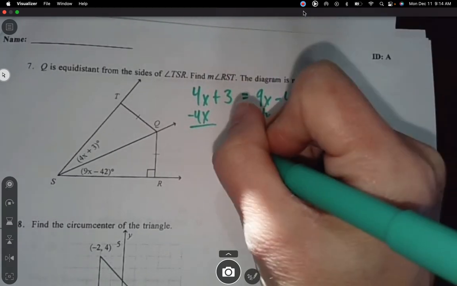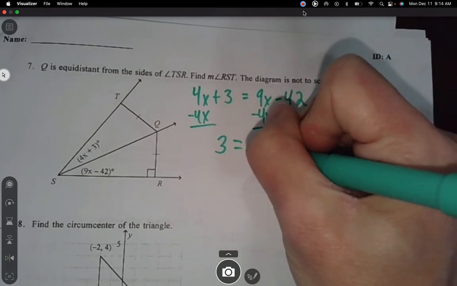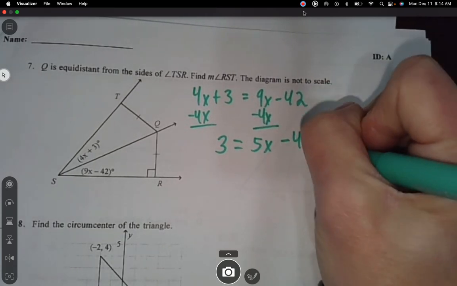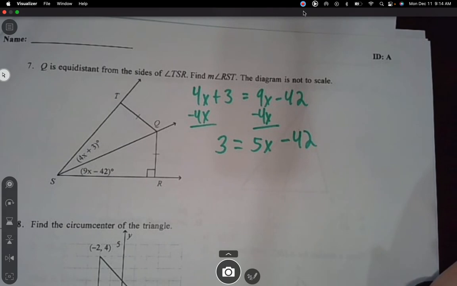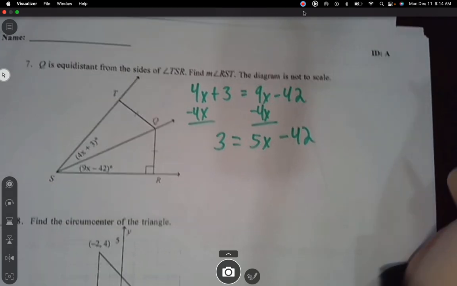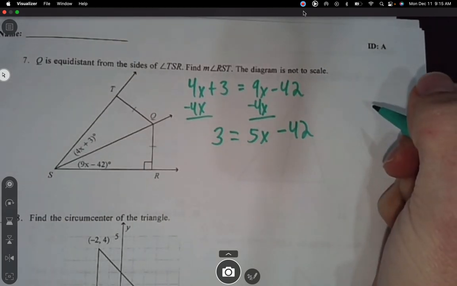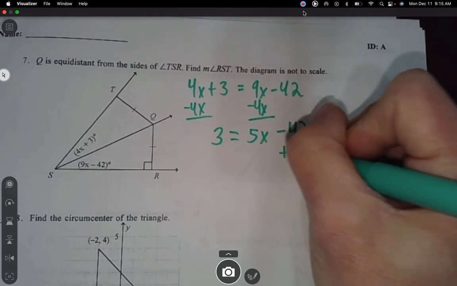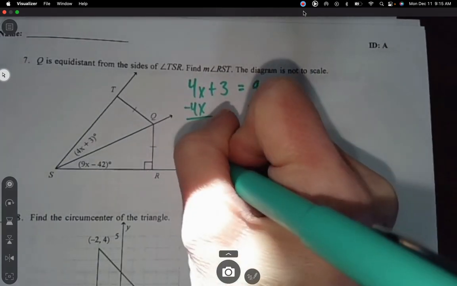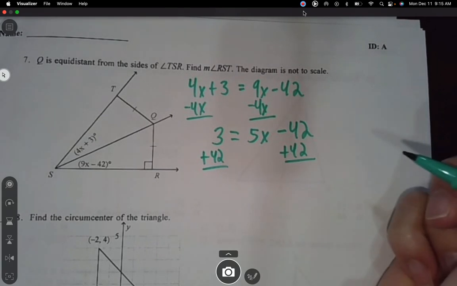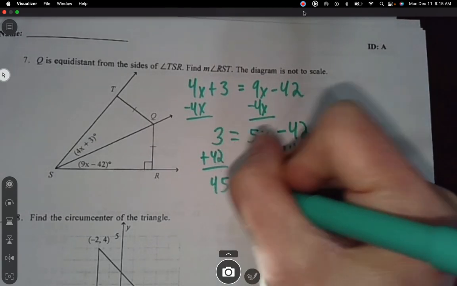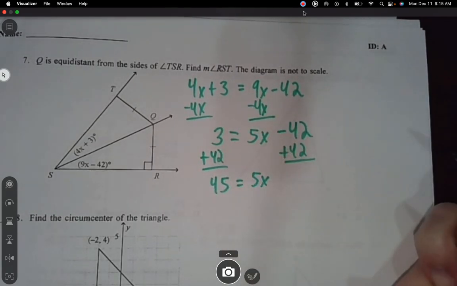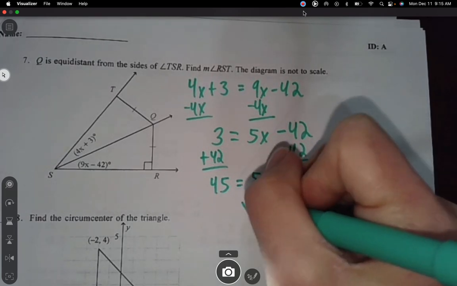Then what do you do? You add 42. So we get 45 equals 5x. Then what? And what does x equal?